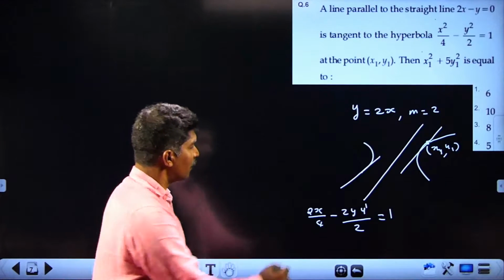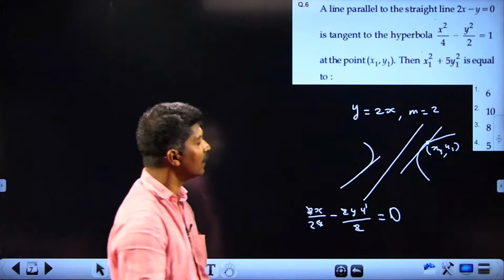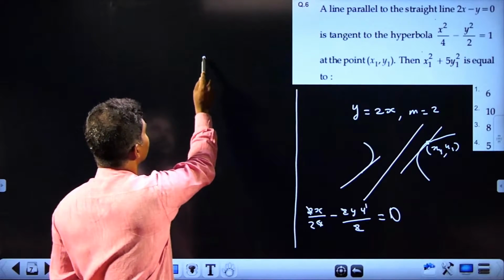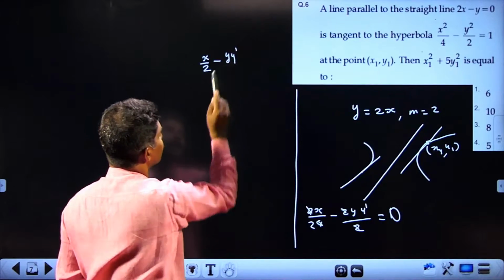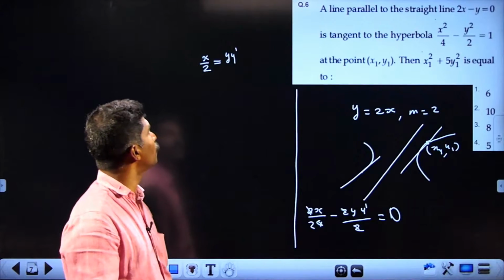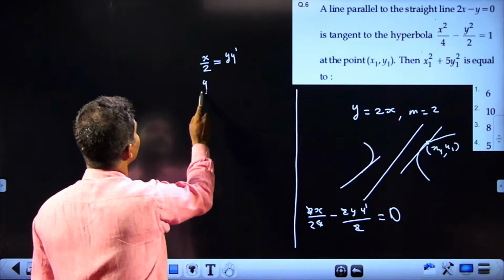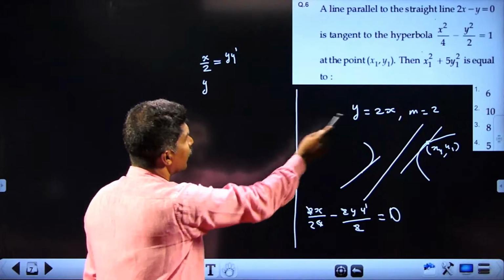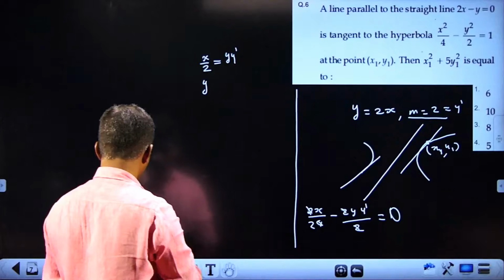The right side is 0, since the derivative of 1 is 0. Then x by 2 minus y dash is equal to 0. M is nothing but y dash.